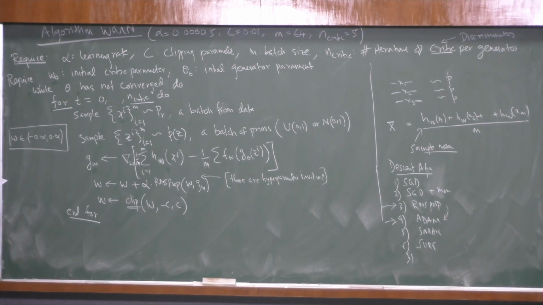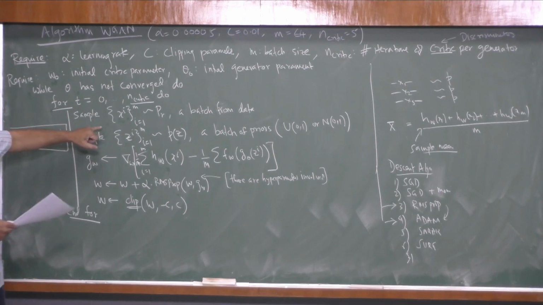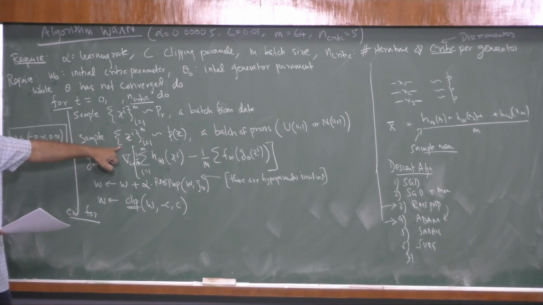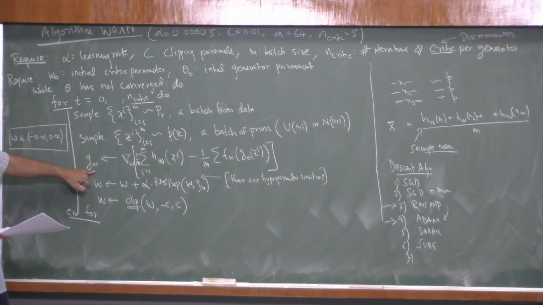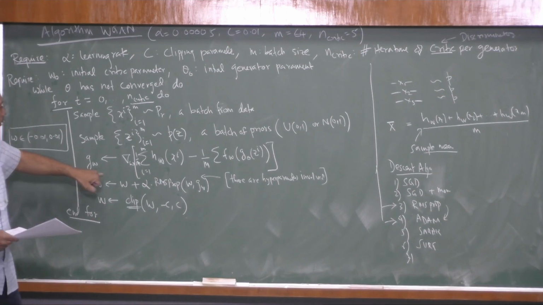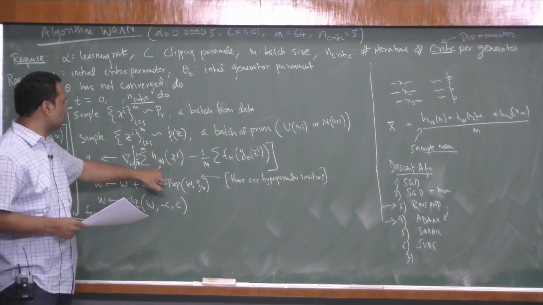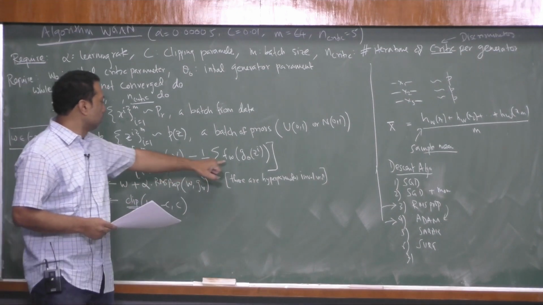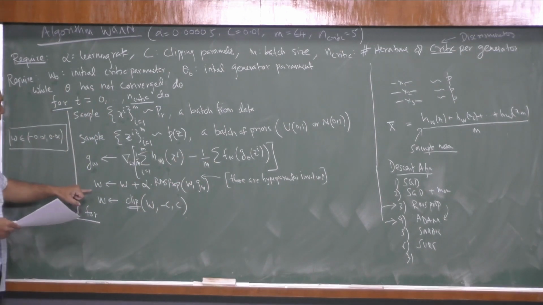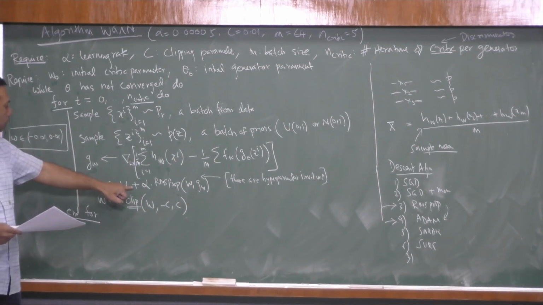So this is the critic, the discriminator loop. It ran n critic times. We sampled m real data, and we sampled m fake data from the known prior. We computed the gradient, used the sample mean for the expectations, and then did a gradient ascent.